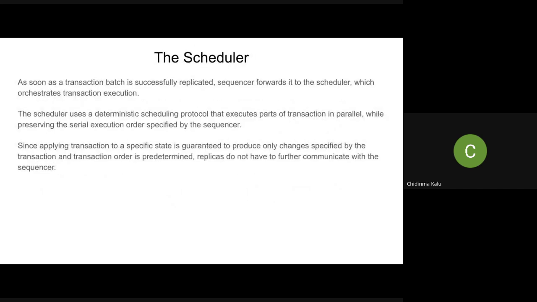The scheduler uses a deterministic scheduling protocol that executes parts of the transactions in parallel while preserving the serial execution order specified by the sequencer. Since applying a transaction to a specific state is guaranteed to produce only the changes specified by the transaction, and the transaction order is predetermined, replicas do not need to further communicate with the sequencer.